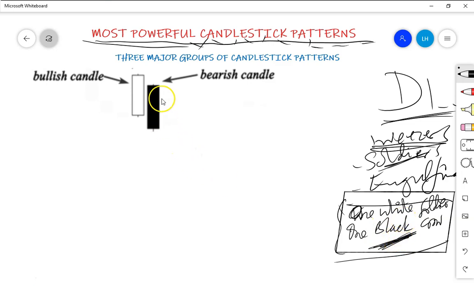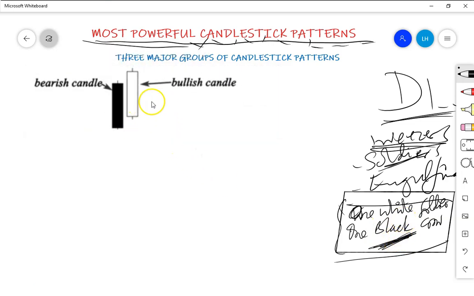Now let's see the one white soldier. This is what we call the one white soldier. Usually this pattern is formed of two candles, which is why it comes from the die candlestick patterns. It has first a bearish candle, and then a bullish candle.